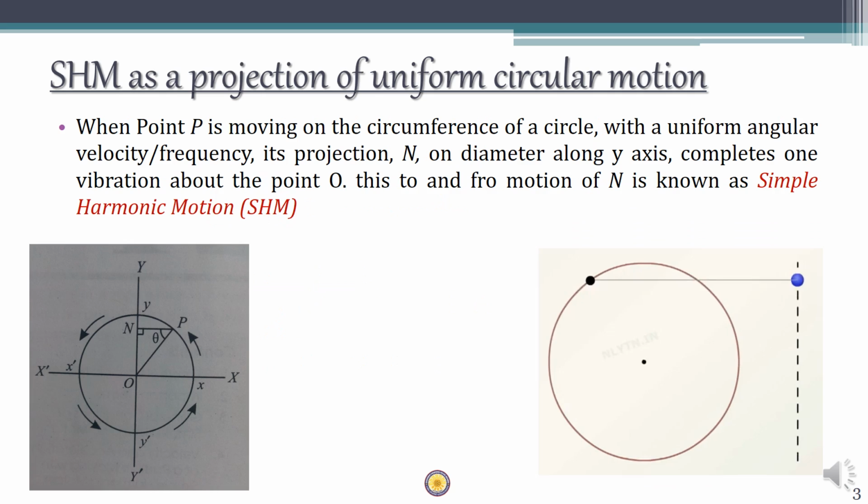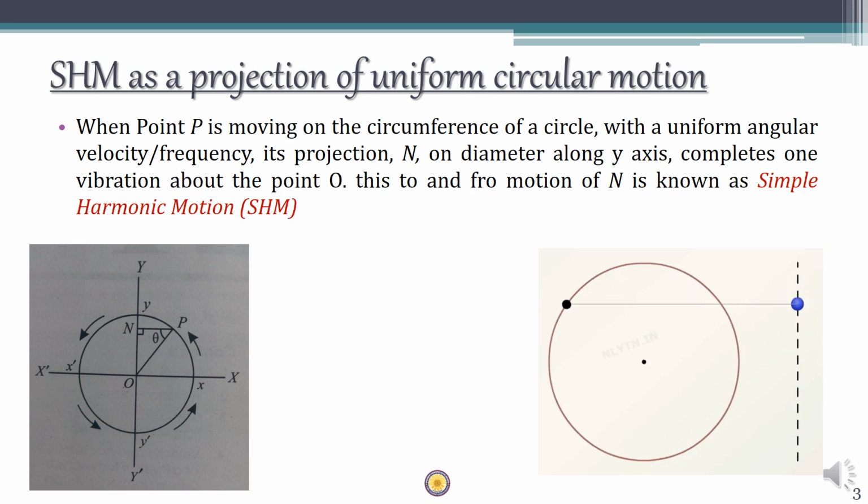Okay. Now let's see that we can define SHM as a projection of uniform circular motion. So assume that there is a point P on the circumference of a circle of radius r, and it is moving along the circumference with a uniform angular velocity of omega.